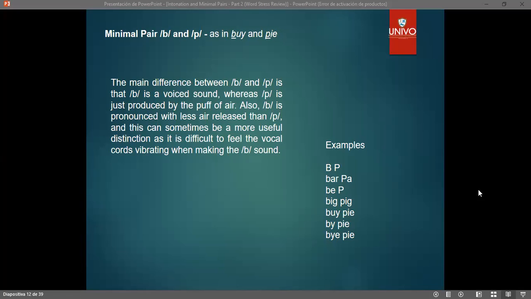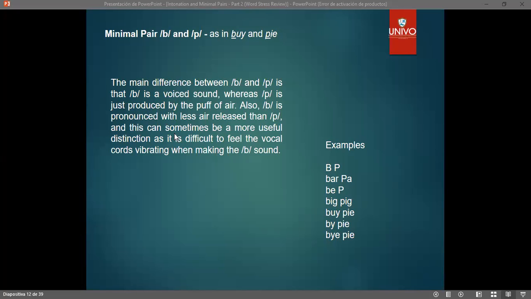Okay. B, bar, pa, B, P, big, pig, buy, pie, buy, pie, buy. Thank you, sir. Thank you for helping me to read.